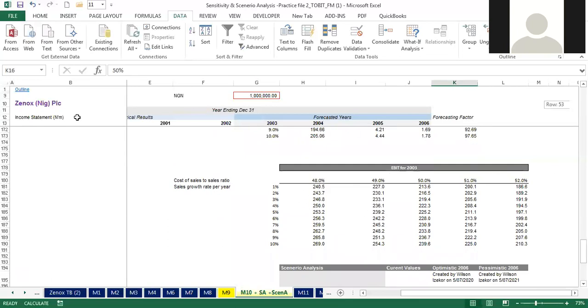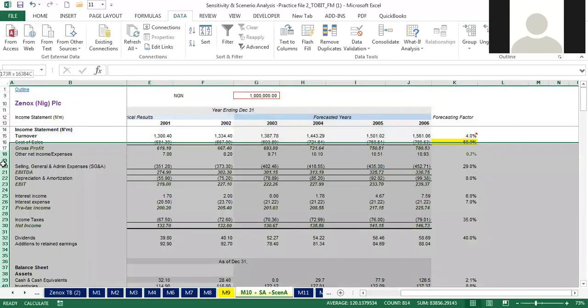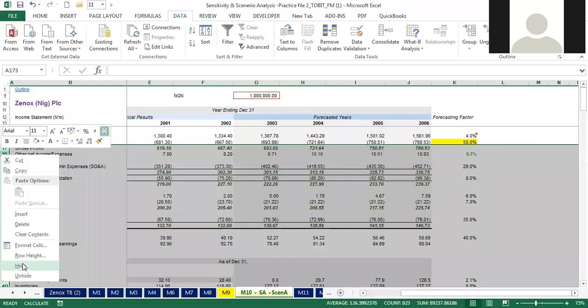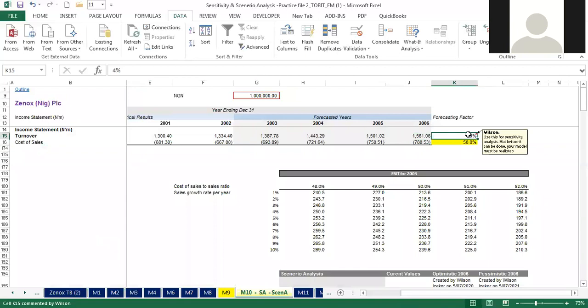I cannot notice it immediately, but if I hide all this, let me do something so that you can actually see how those things are changing. Can you see they are changing? So let's say 7%. You see they are changing.